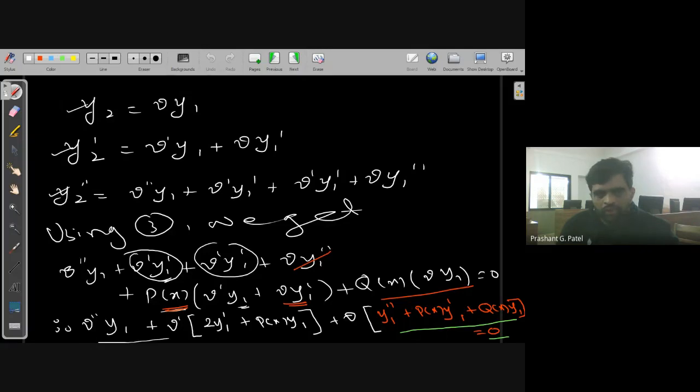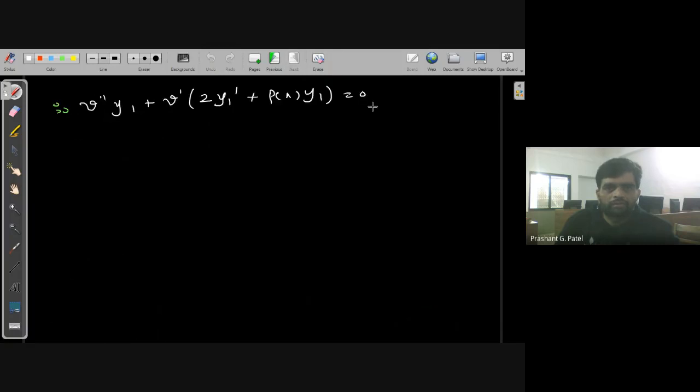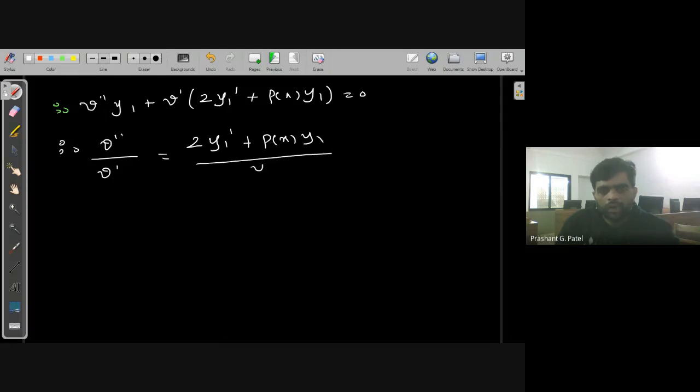So only these two terms remain. This we can rewrite as v double dash upon v dash equal to minus of 2 y1 dash plus p of x y1 upon y1. Integrating both sides.